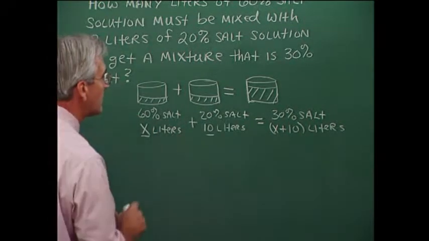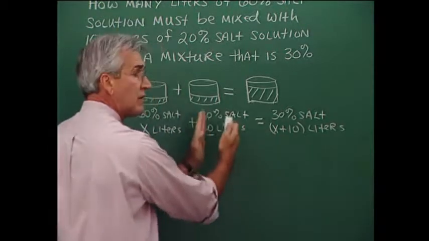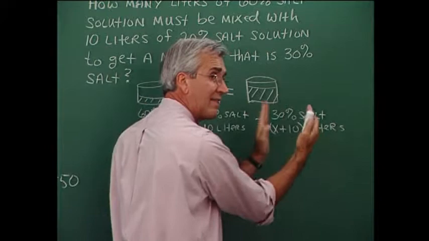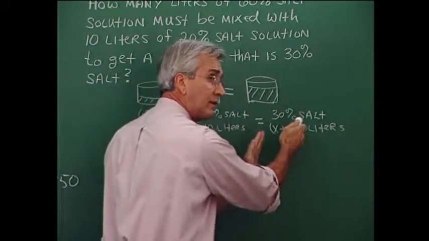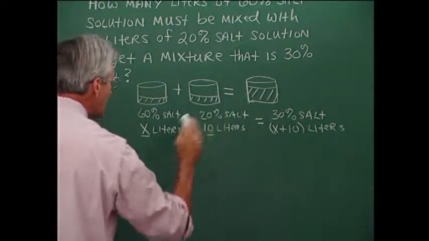The way you think about these things is it's some percent times quantity plus percent times quantity is equal to the resulting percent times total quantity. That's the idea. Percent times quantity, resulting percent times total quantity. Okay, so our equation looks like this.